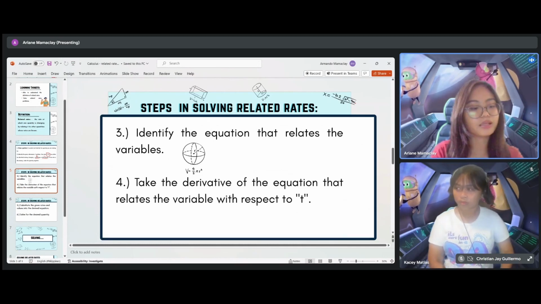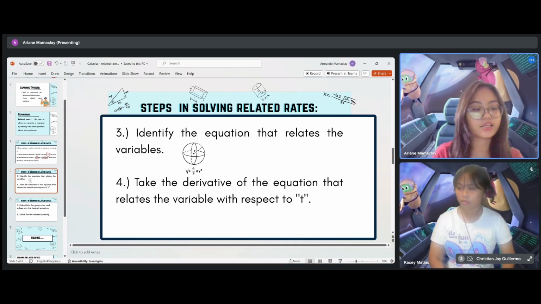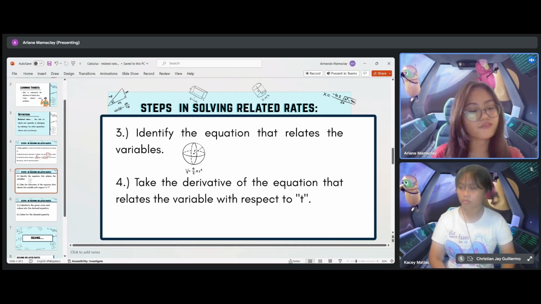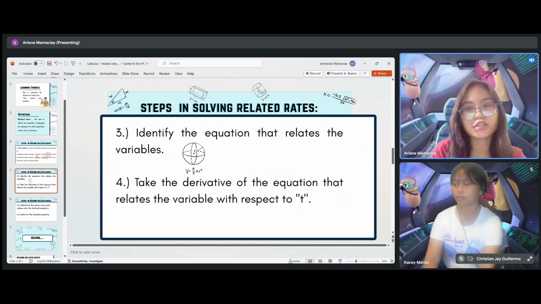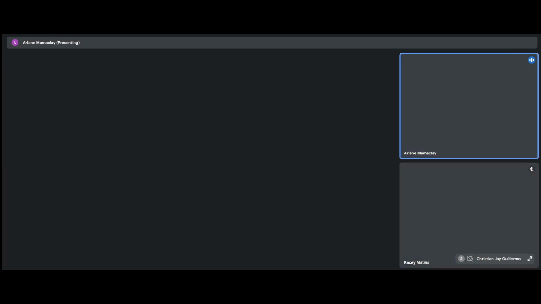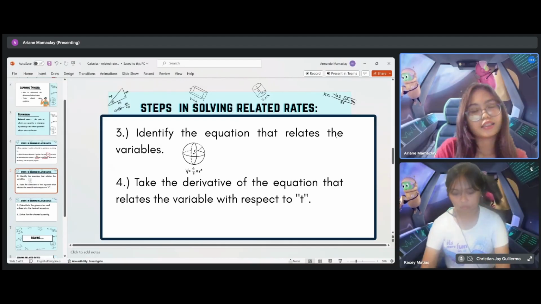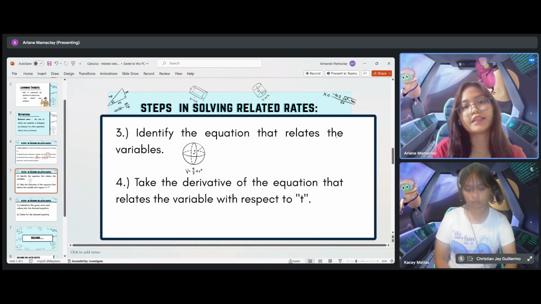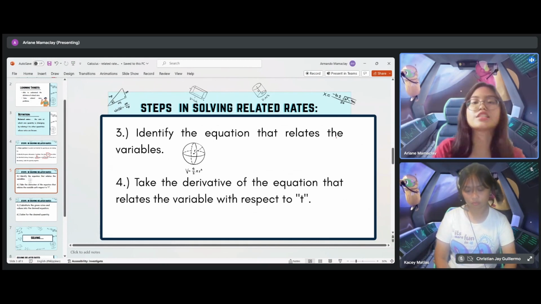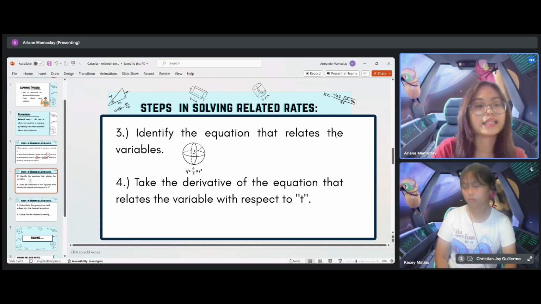Sa number 4 naman, dahil with respect to time lagi ang mga rates of change natin, lagi natin ginagamit dito yung derivative of a particular variable with respect to time. So, ayun yung lagi natin gagamitin doon.